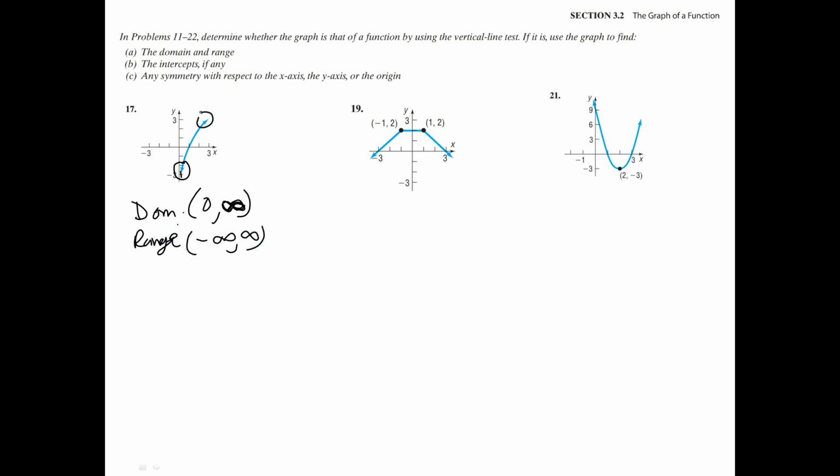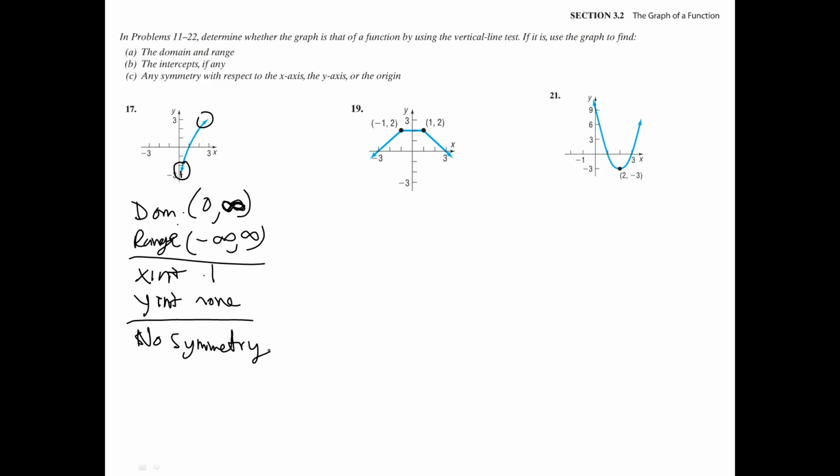These arrows tell you it goes on forever up and forever down. There is an X-intercept at 1. There is no Y-intercept. And there is no symmetry. No X-axis symmetry, no Y-axis symmetry, no origin symmetry.